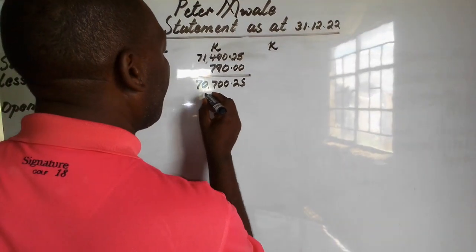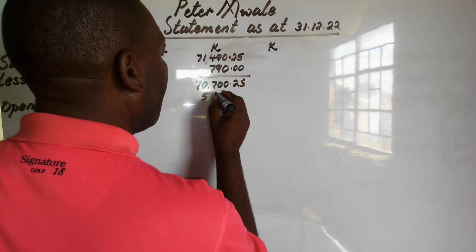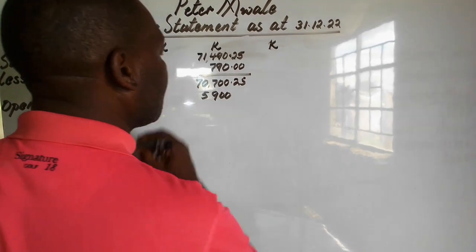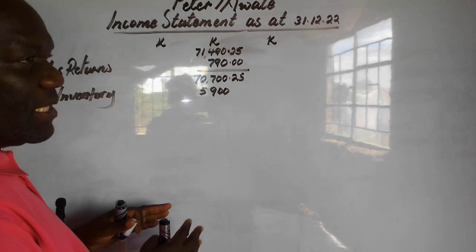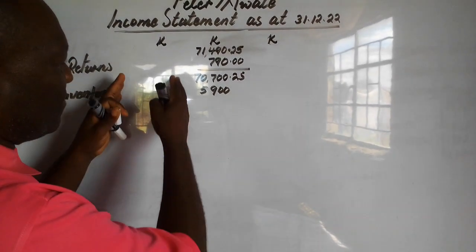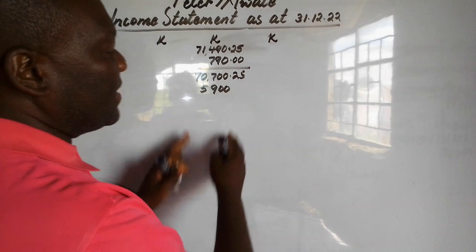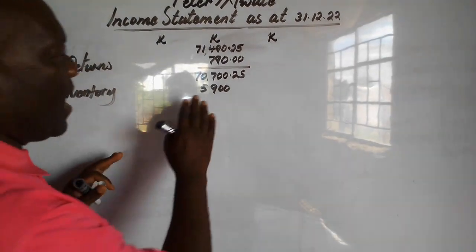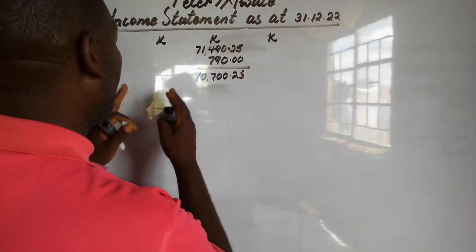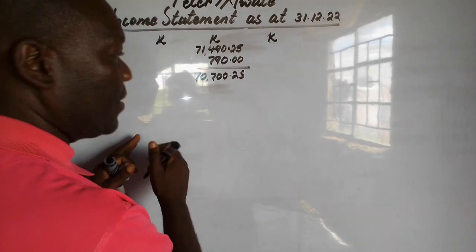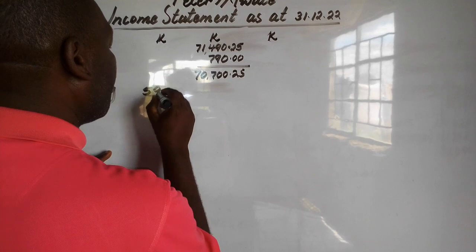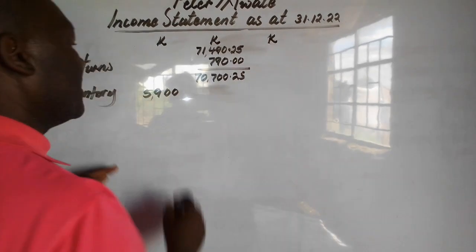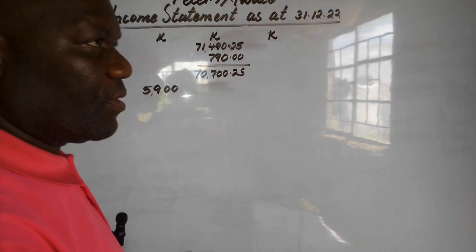So we have 5,900 as our opening inventory. For the sake of adjustments, I can even put it here, or I add it direct, it's okay. Now allow me to put it here, because we still have purchases that we need to add. So I'll put it here, 5,900 as our opening inventory.